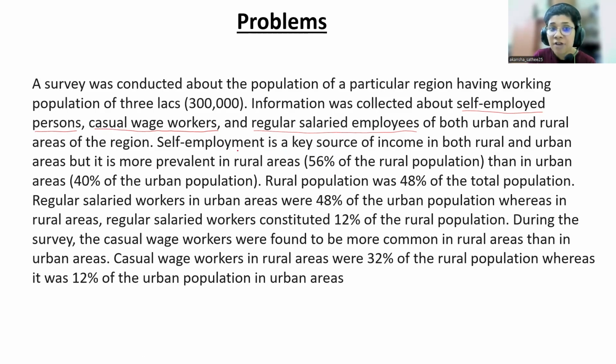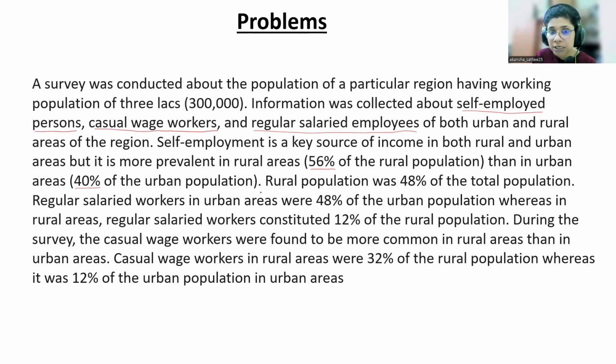Self-employment is a key source of income in both rural and urban areas, but it is more prevalent in rural areas: 56% of the rural population compared to 40% of the urban population.